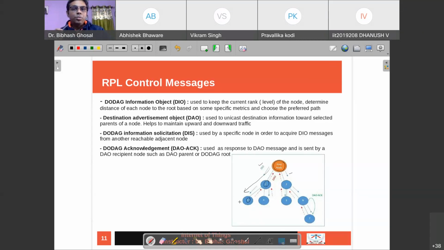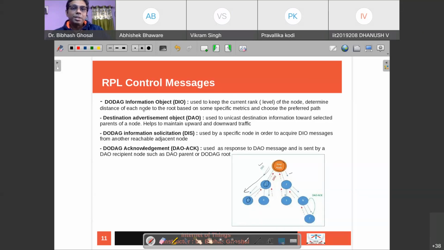So what happens is you need this information to be broadcast to the nodes, and during the process each node will be sending their information, and when it reaches the node, the node will decide, okay, which is my parent. So this is the information object that we are talking about. It is used to keep the current level of the node.